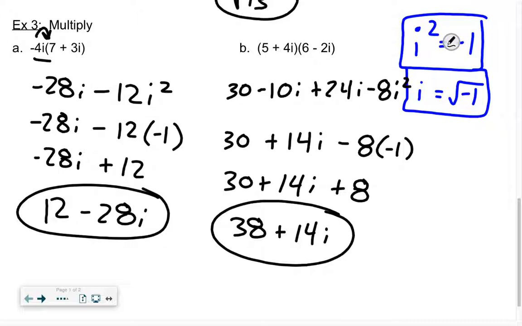Hopefully you came up with the same. Collecting those like terms, negative 10 and 24 gets us positive 14i. Substituting negative 1 in for i squared makes that positive 38.